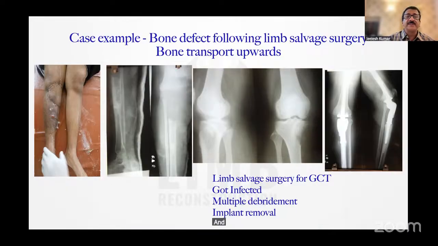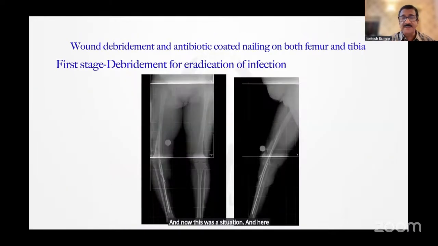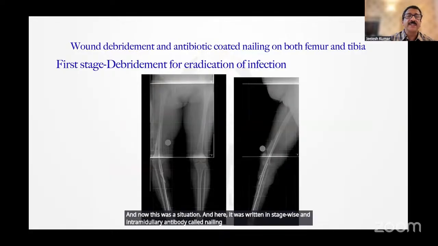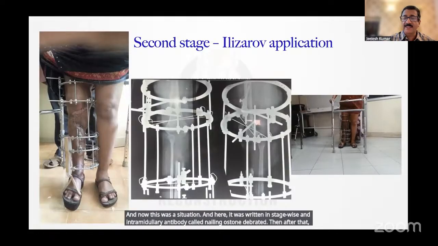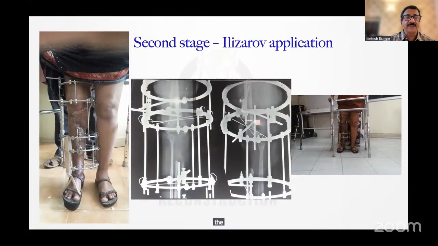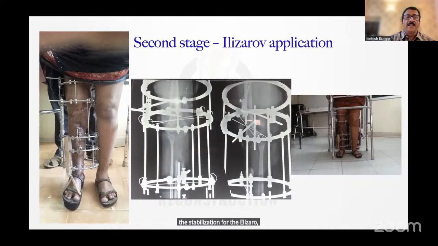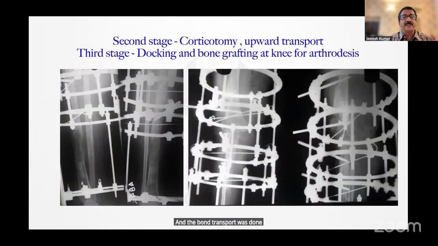And now this was the situation. And here it was treated stage-wise, and intramedullary antibiotic nailing was done, debrided. Then once the wound was healed, stabilization with the Ilizarov, and bone transport was done from here down to upwards. Proximally there is also bone cement on both sides.